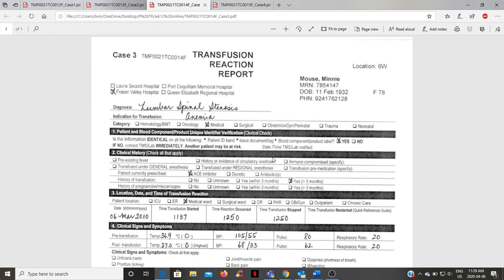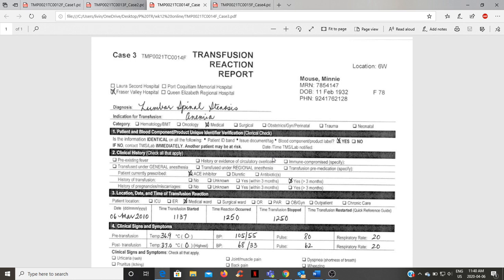A 78-year-old woman, or mouse in this case, was admitted to the hospital with lumbar spinal stenosis. She was prescribed Ramipril, an ACE inhibitor, to treat hypertension, and 2 units of red cells to treat anemia. The patient received the first unit of red cells with no reaction, and after receiving 150 mL of the second unit of red cells, the patient suddenly developed hypotension and dizziness.